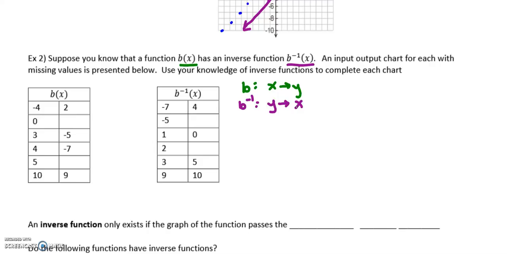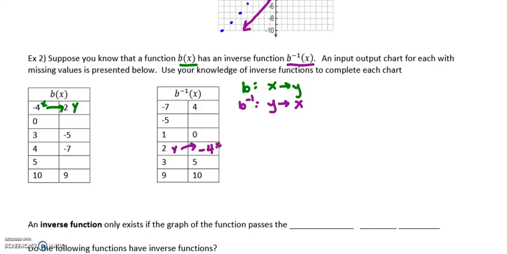and giving me x's. So when I look at my chart, if I want to fill the rest of this out, I'm going to look for some very specific values. Here, b of x takes the number -4 and changes it into a 2, a y value of 2. So if I look over here at my chart, if I have a y value of 2, I know it's going to end up being a -4 if I run it through b inverse.